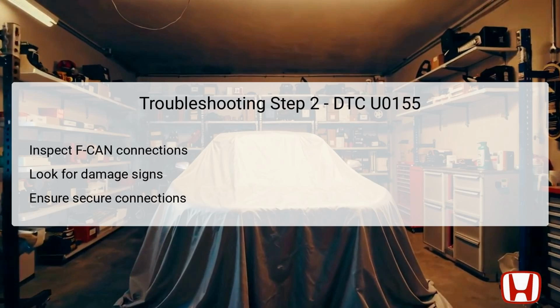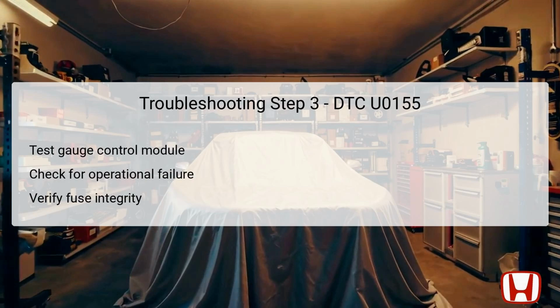It's essential to ensure that all connections are secure, as any malfunctions in the wiring can lead to disruptions in data transmission, triggering DTC U0155. A visual inspection should also look for corrosion or dirt that might affect electrical continuity. This step is critical because even minor damages can have disproportionate effects on the entire CAN system, impacting overall vehicle performance.